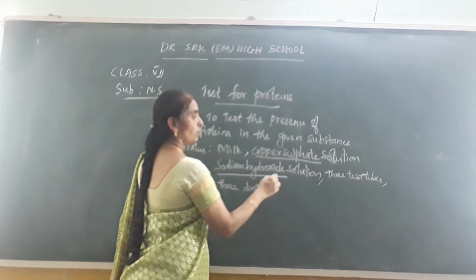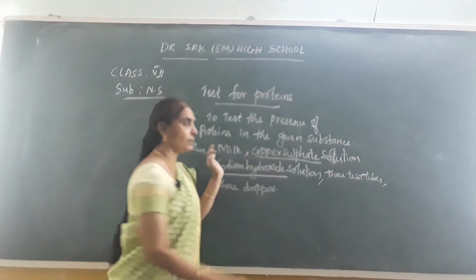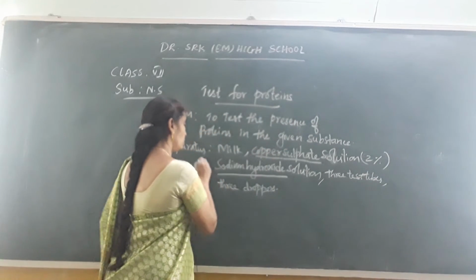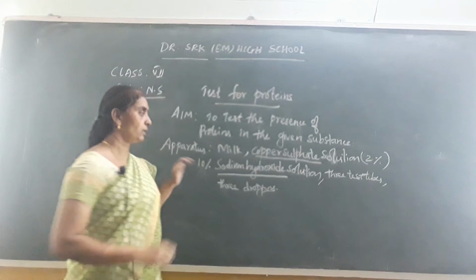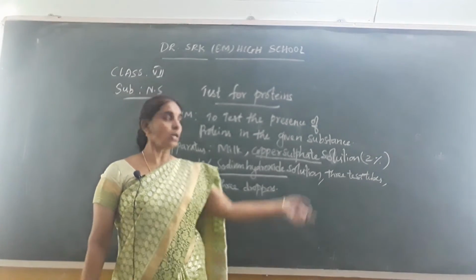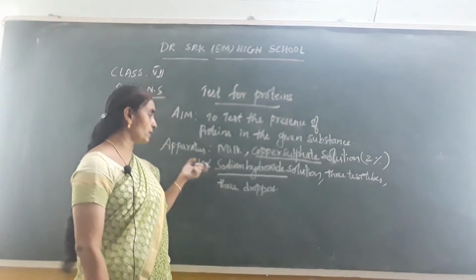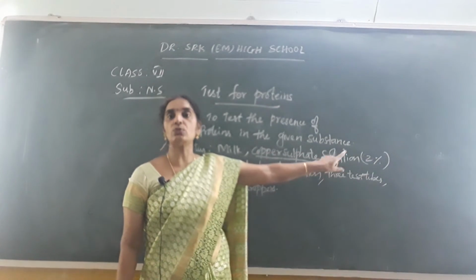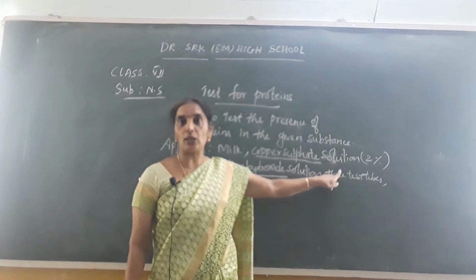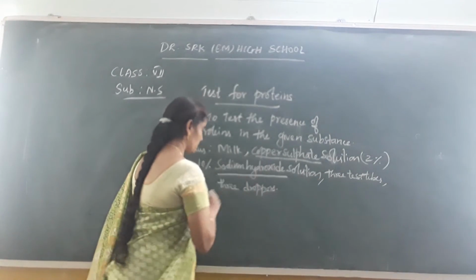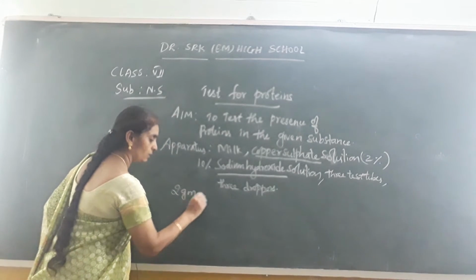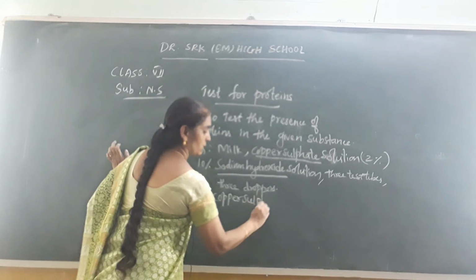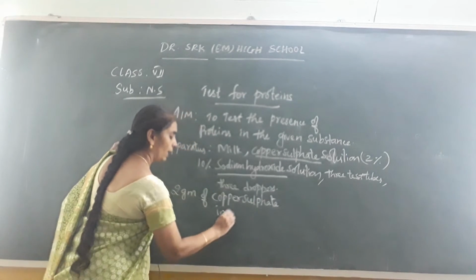Okay children, you need 2% copper sulfate solution and about 10% sodium hydroxide solution. So what is 2% copper sulfate solution and what is 10% sodium hydroxide solution? 2% copper sulfate solution means 2 grams of copper sulfate, in powdered form, in 100 ml of water.